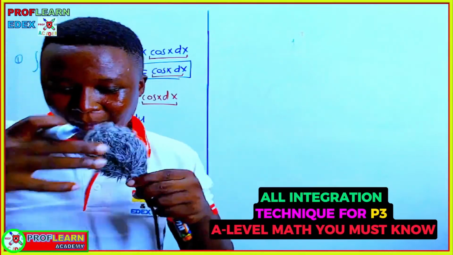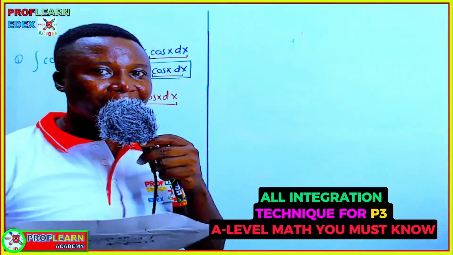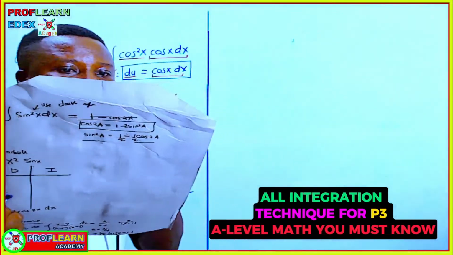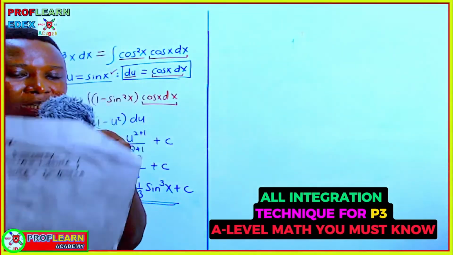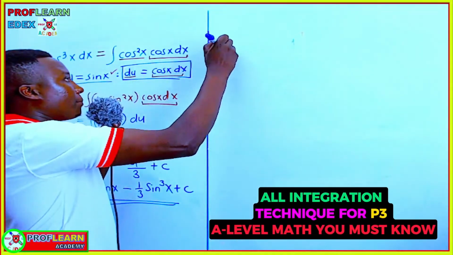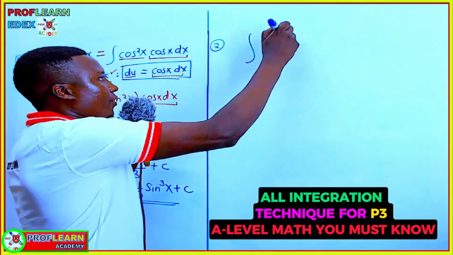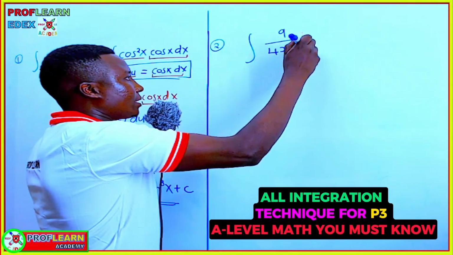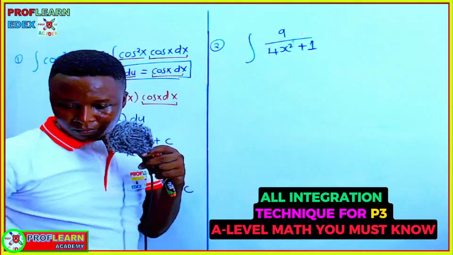So let's check number 2. Which other techniques do you need in order to do your P3 paper? We're going to have question number 2, integral of 9 over 4x squared plus 1.